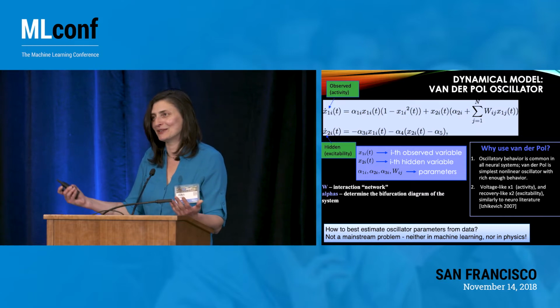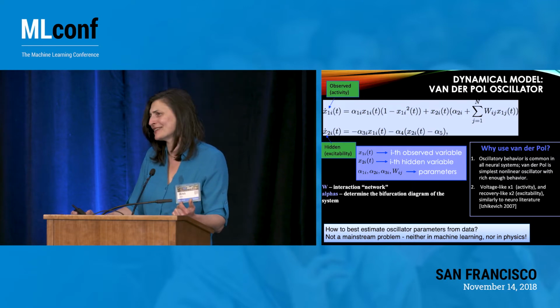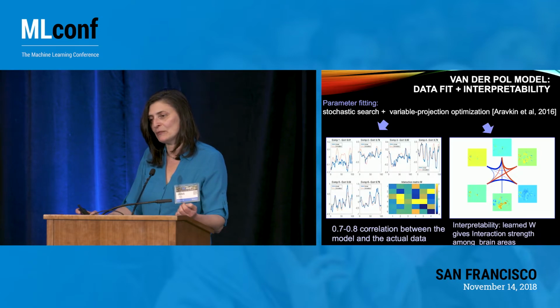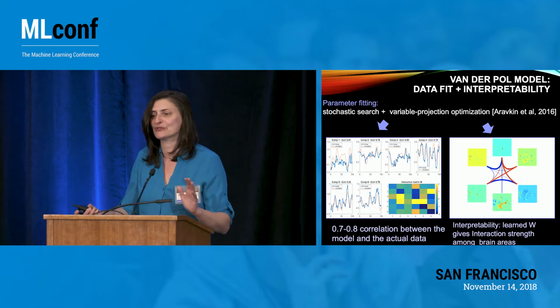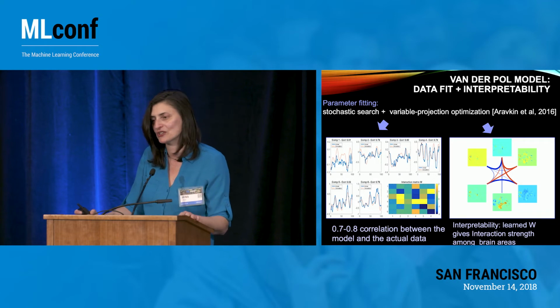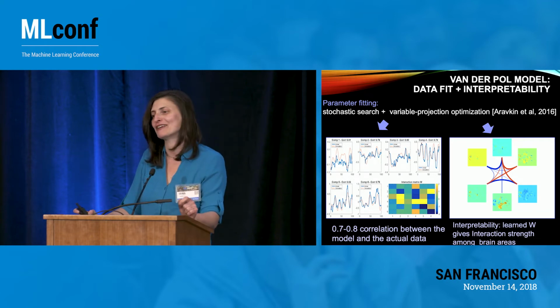The problem is it's not something people usually learn in classical machine learning, and it's not really something that physicists who use van der Pol a lot do, because they don't usually work with learning from massive data sets. It was somewhat non-trivial, but after working for a while with optimization folks and trying different styles of expectation maximization algorithms, we managed to combine stochastic search for parameters with proper use of so-called variable projection optimization by our co-author Sasha Ravkin.